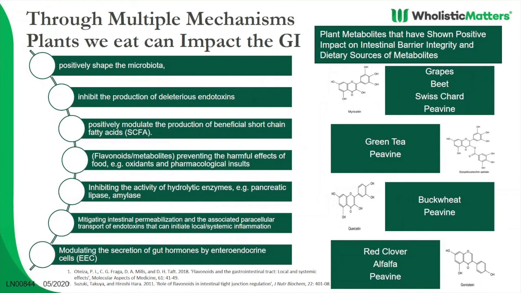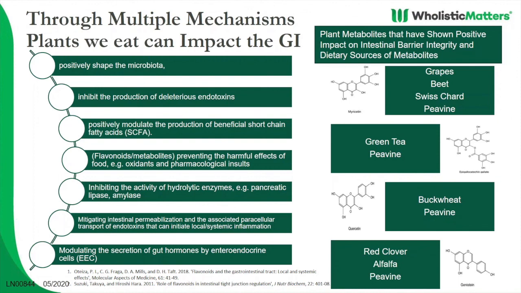So, the various ways that plants we eat can impact the GI. You can first look at positively shaping the microbiota. Number one, inhibiting the production of deleterious endotoxins, positively modulating the production of short-chain fatty acids, and certain metabolites that are capable of mitigating the harmful effects of foods, so things like oxidants and other pharmacological insults, inhibiting hydrolytic enzymes and pancreatic lipase. These are ways that it can impact the overall GI function.